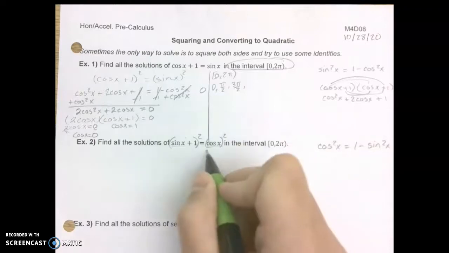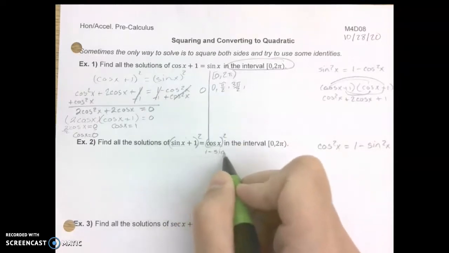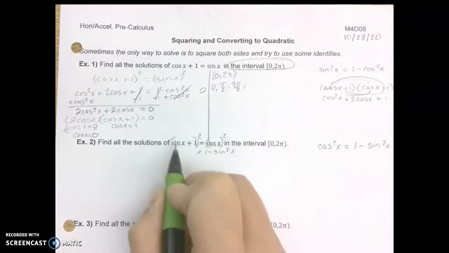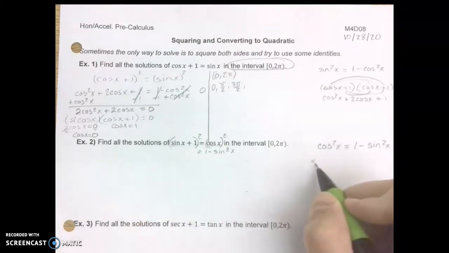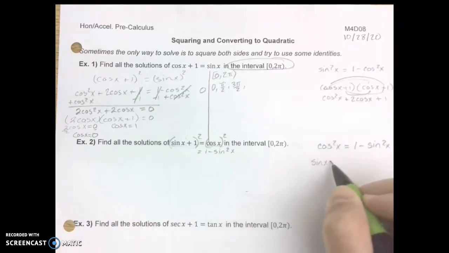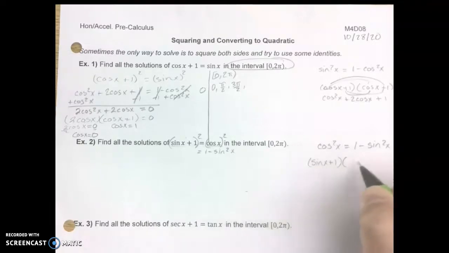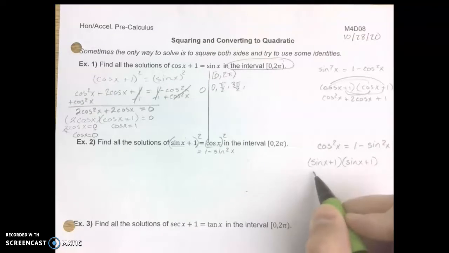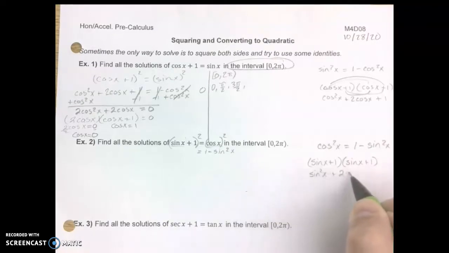So this right here is going to become 1 minus sine squared x. And sine of x plus 1 squared is 2 sine of x plus 1's being multiplied together, which gives me a sine squared x plus a 2 sine of x plus a 1.